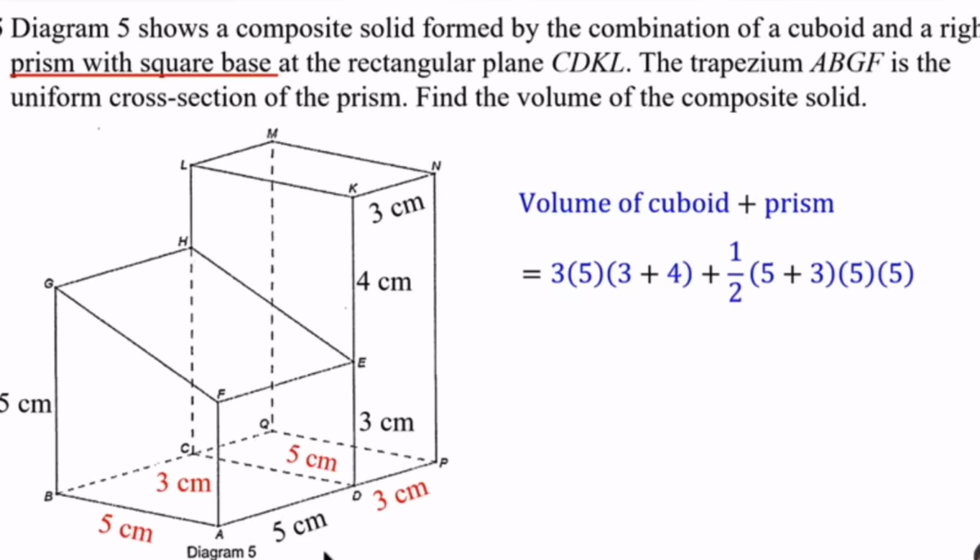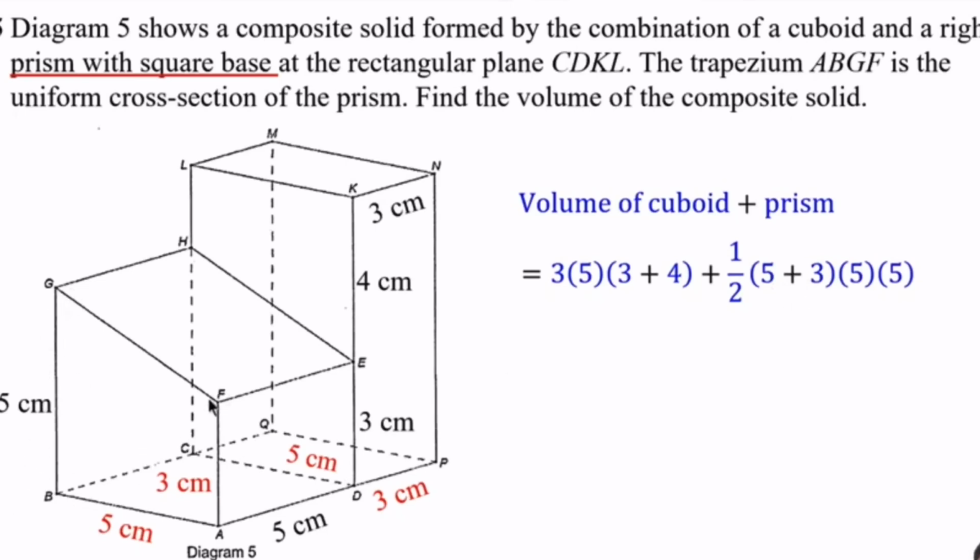Okay, so then the prism, the formula for prism is cross-section area times the height. You need to focus on the prism because the prism has the trapezium as the cross-section area. So you need to find the area for the trapezium first.